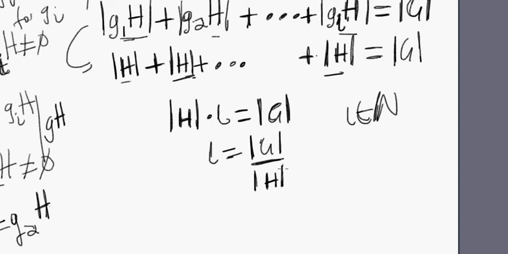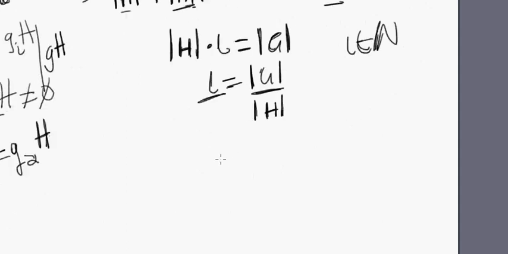That tells us that cardinality of H does indeed divide the cardinality of G. So we've actually successfully just proved Lagrange's theorem, right?